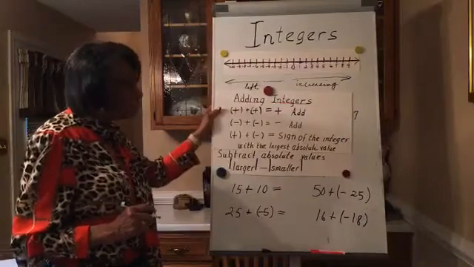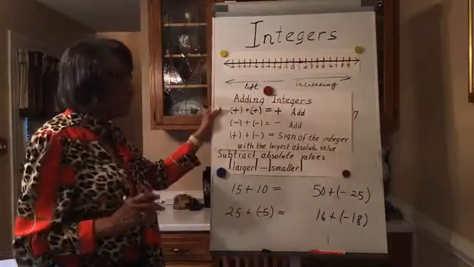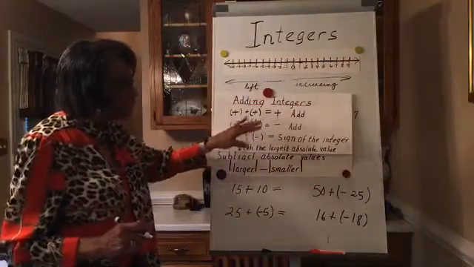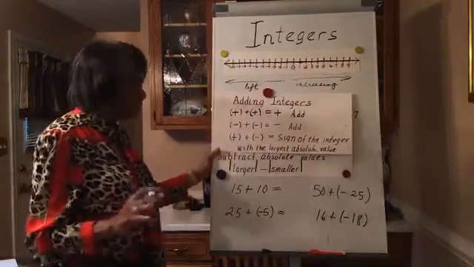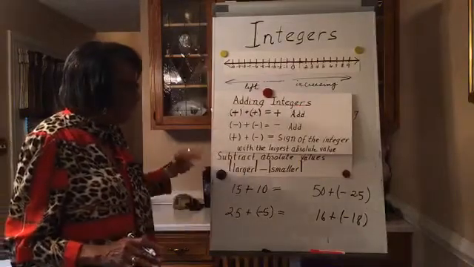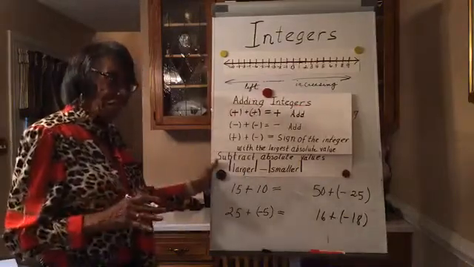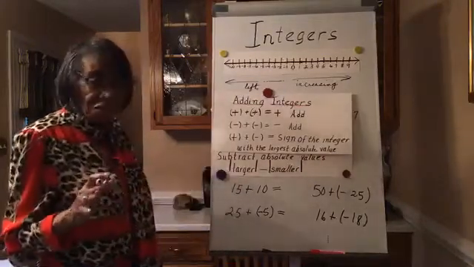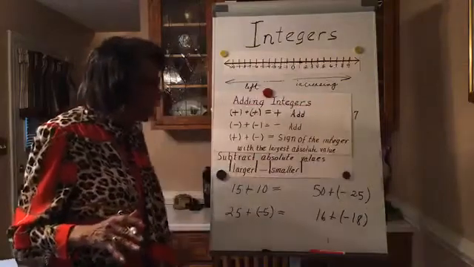All right, positive plus a positive is a positive sum, and we add the integers. The negative plus a negative is a negative sum, and we add the absolute values of those integers. When we have a positive and a negative, the sign is the sign of the integer with the largest absolute value.